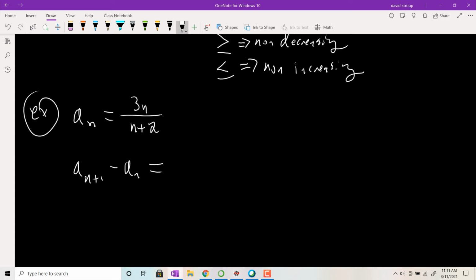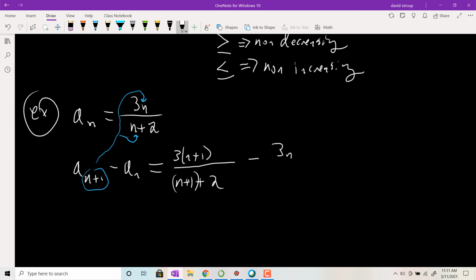To get a sub n plus 1, all you need to do is plug n plus 1 in wherever you see n. Okay? So you're going to end up with 3 times n plus 1. You have to distribute. It's not 3n plus 1, it's 3n plus 3. All over n plus 1 plus 2. And then minus, because I plugged n plus 1 in for n, and then minus a sub n.